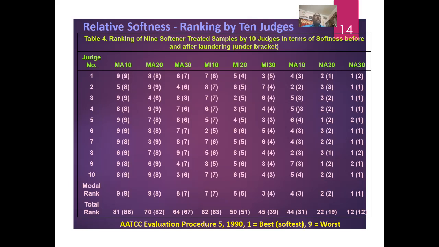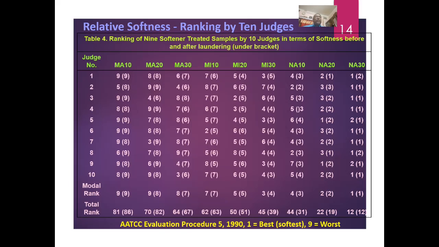The second one was also nano softener, 20 grams per liter, but there is a little confusion between 10 grams per liter nano and 30 grams per liter micro softener.